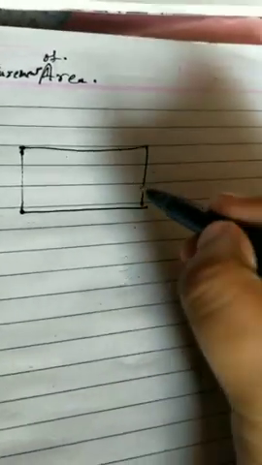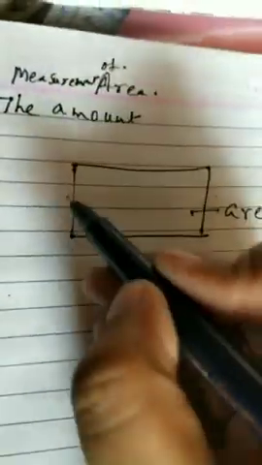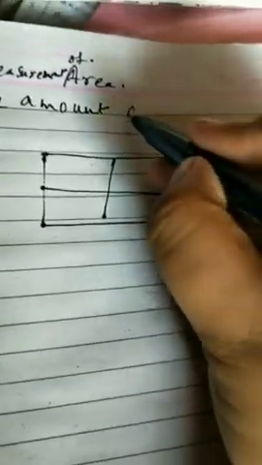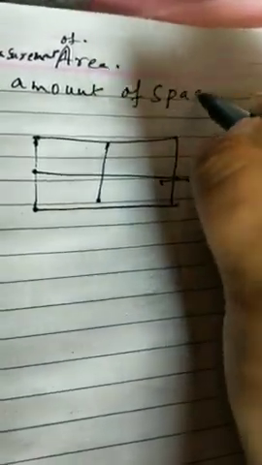This is the amount of space or surface occupied by an object, or this box, in this plane. So we define area as the amount of space, that means this and this total space, occupied by the object.